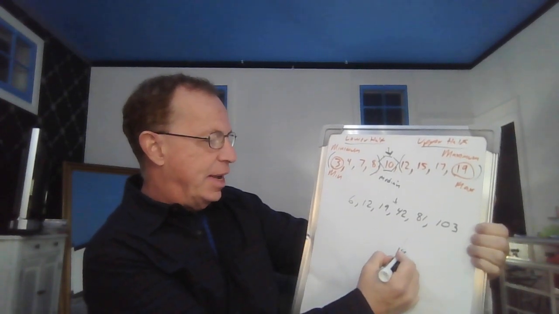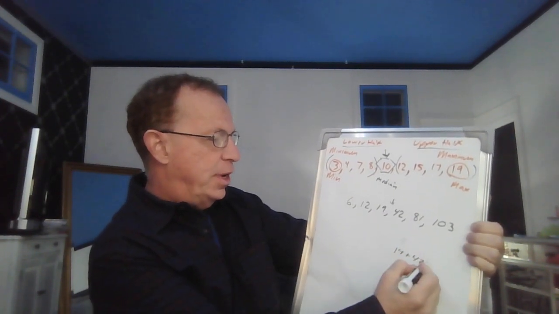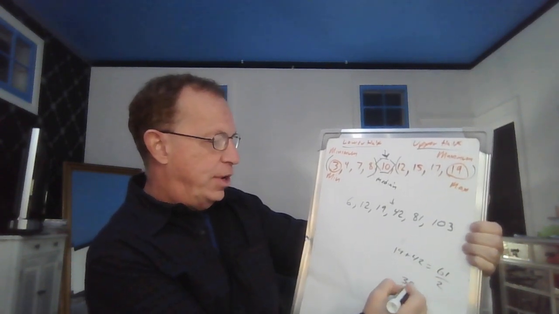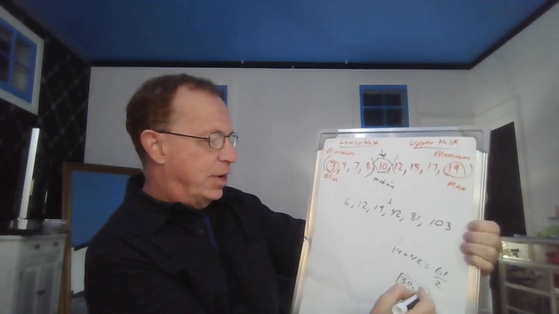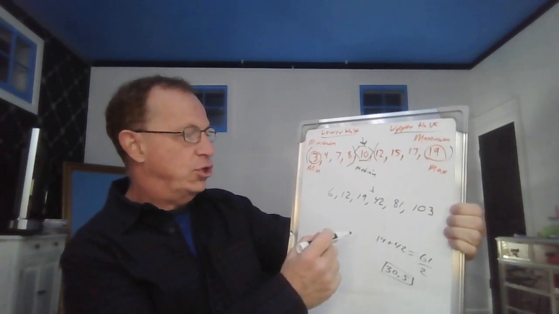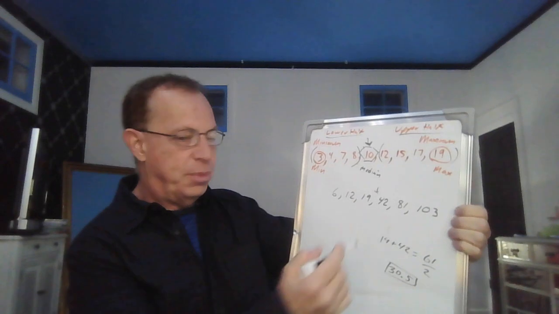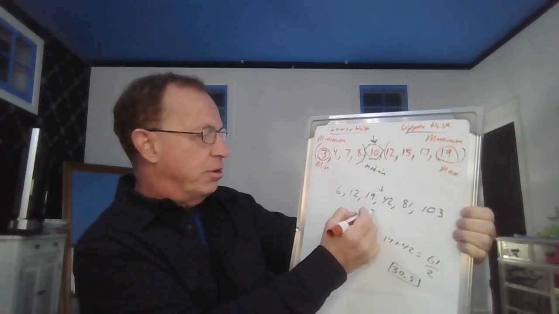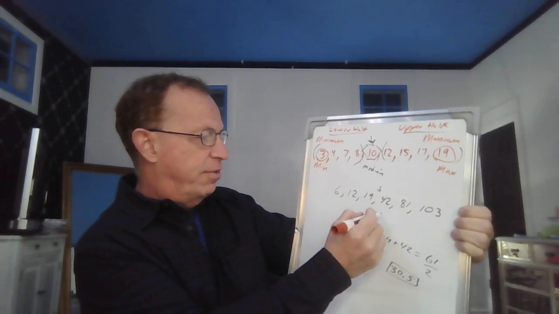And really quick, 19 plus 42 equals 61 divided by 2 equals 30.5. You don't necessarily have to know how to do that in order to do the next little bit that I'm going to do. But let's just say that we know that the median here is 30.5.